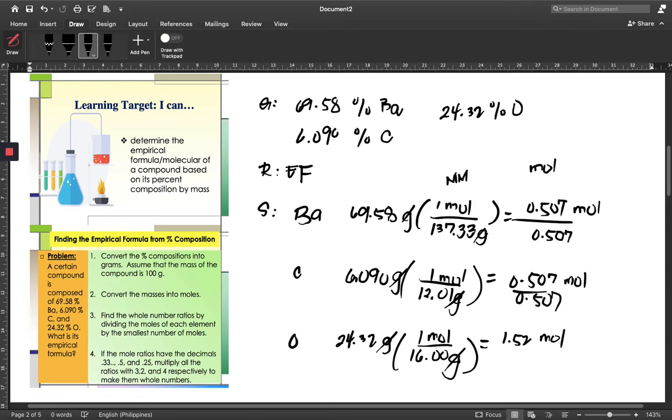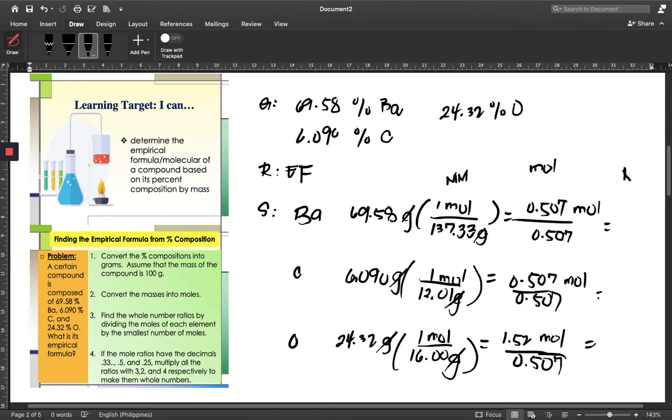0.507. Okay, then divide everything with 0.507. So in here we now have as our result the mole ratios of each particular element.